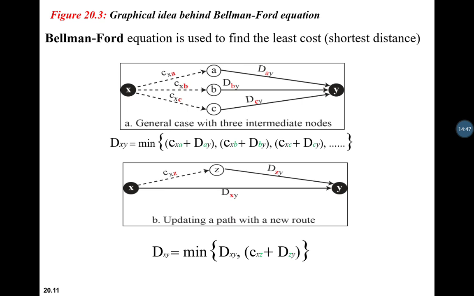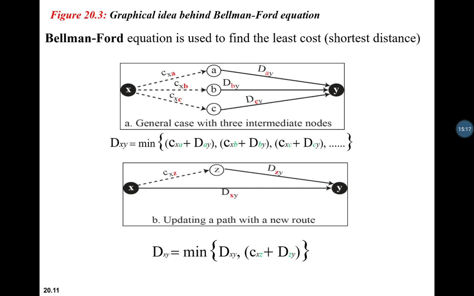You can see in the diagram here, the general case is shown. So when the cost between the source and the intermediate nodes and the least cost between the intermediate nodes and the destinations are given, to find out the distance here, we consider the minimum of the distances, and then we write down that the minimum distance is the distance between x and y.